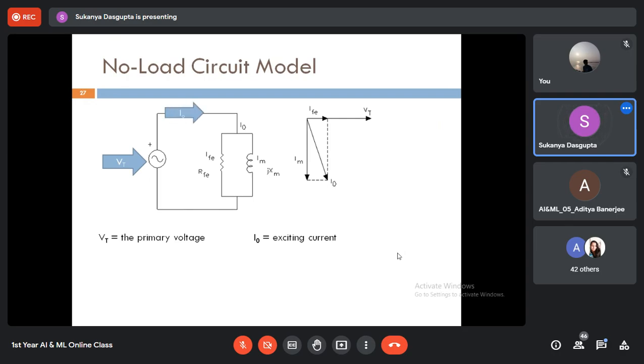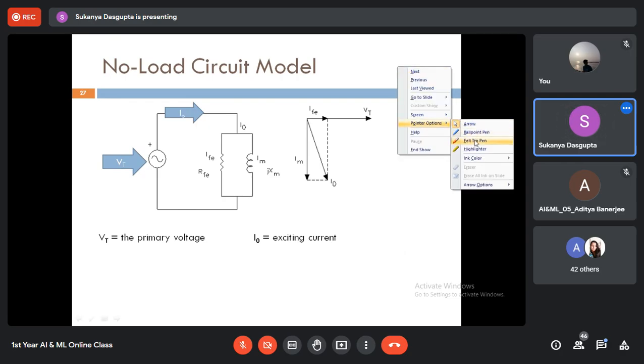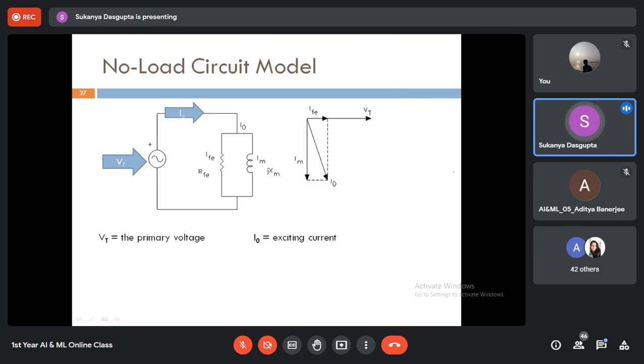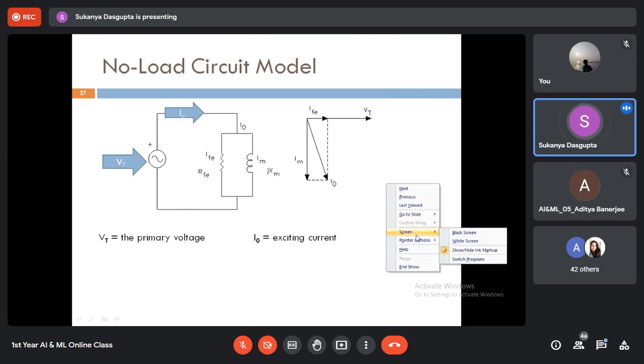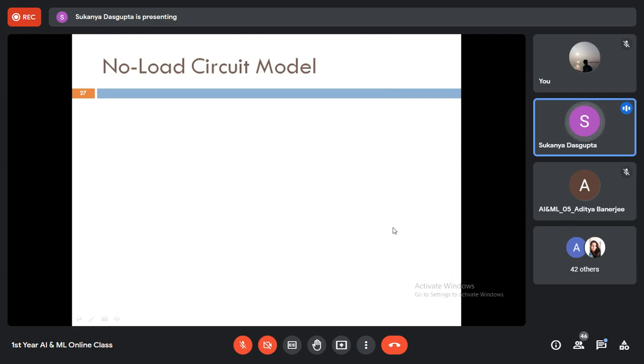Now this is the no load circuit model. But before going to this, let me first tell you the phasor diagram of the ideal transformer, and that will be better understood from the EMF equation.